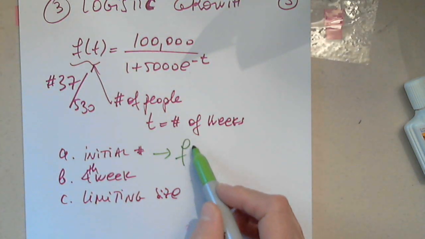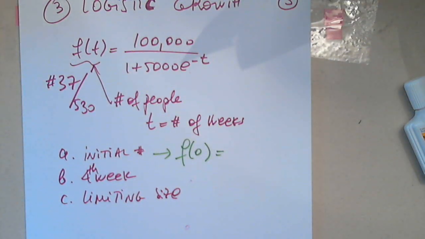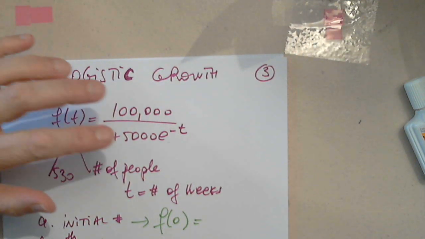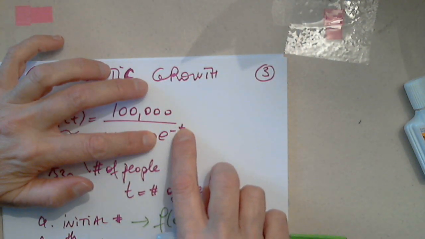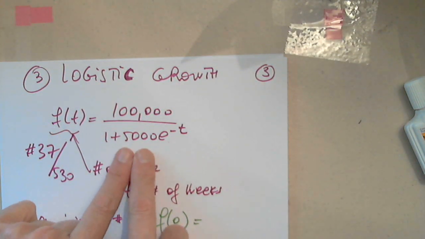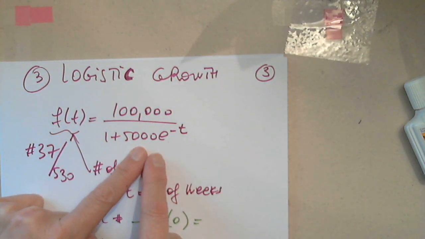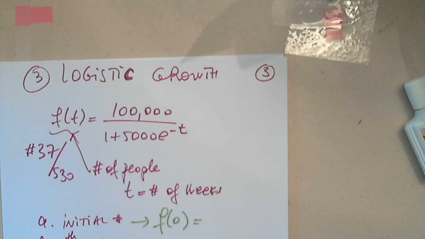We're asked to find f of 0. What is the initial number, the original number of people who got the flu? So when I plug in 0, e to 0 is 1. 1 times 5,000 is 5,000. 5,000 plus 1 is 5,001.